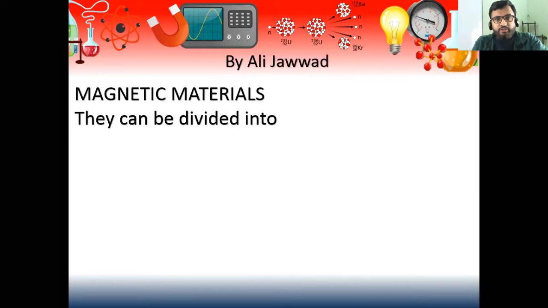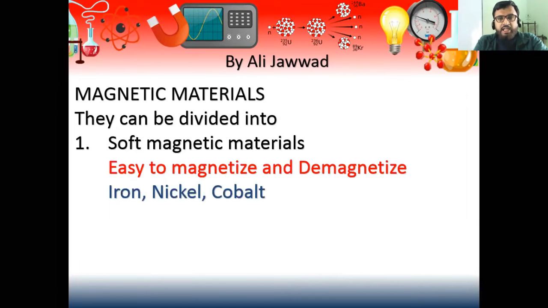One is soft magnetic materials, which are easy to magnetize and demagnetize. They can easily become a magnet and can easily be demagnetized by certain procedures. The soft magnetic materials include iron, nickel and cobalt.